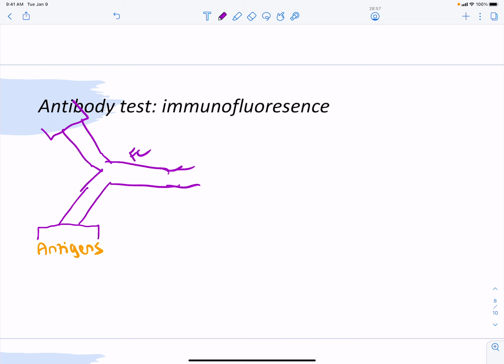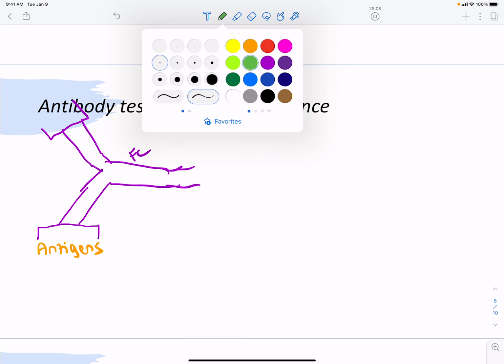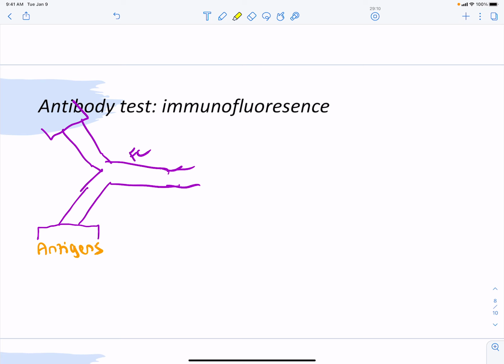And so your antibodies will have been covalently attached to some sort of fluorescent compound, which are called fluorochromes. Now, a fluorochrome can be many different things. One that's widely used is called FITC, fluorescein isothiocyanate.